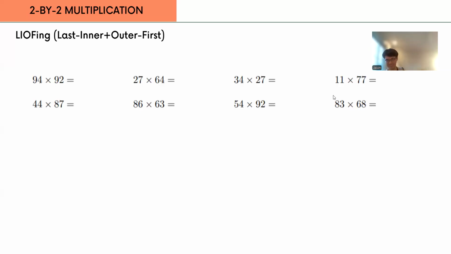I would still try the second one again. Yeah, that's right now.